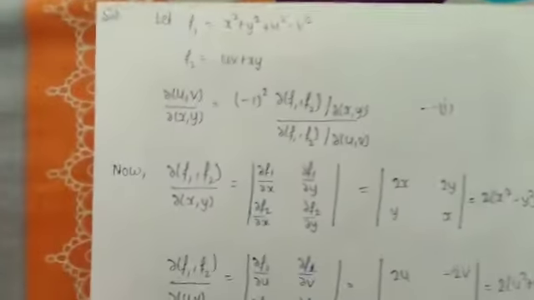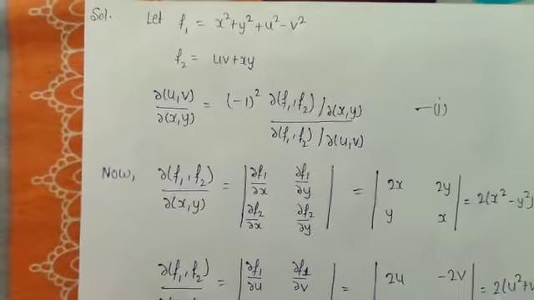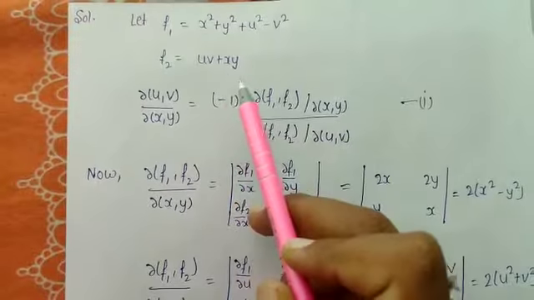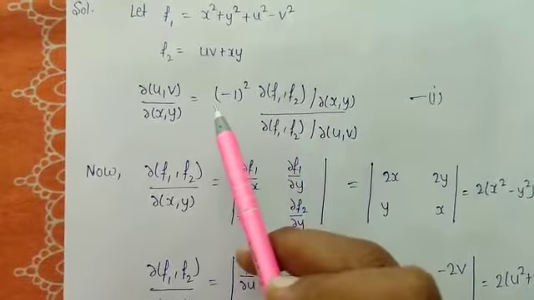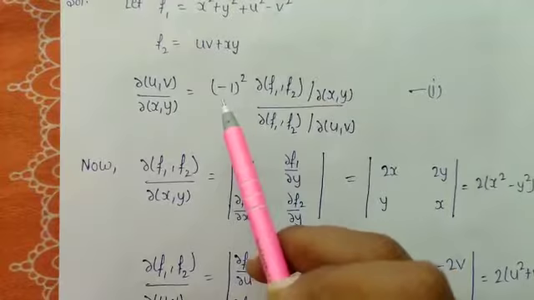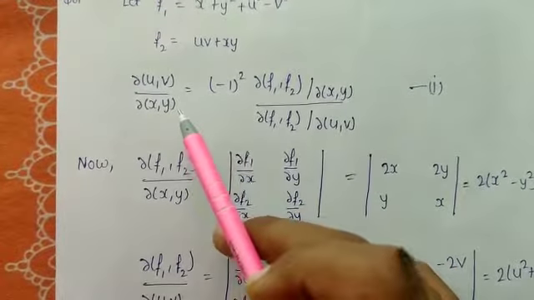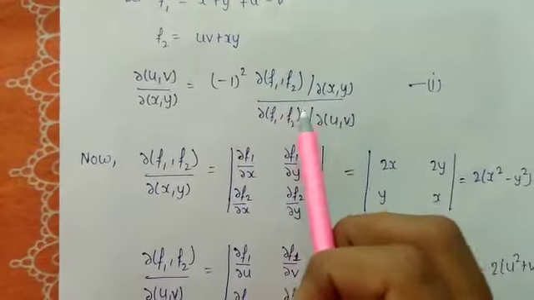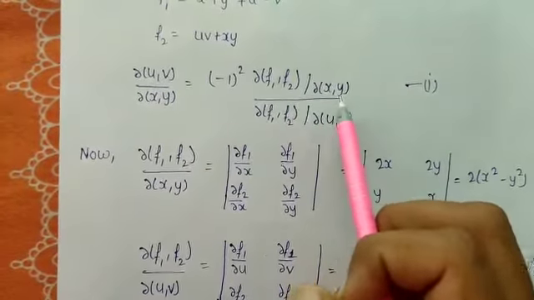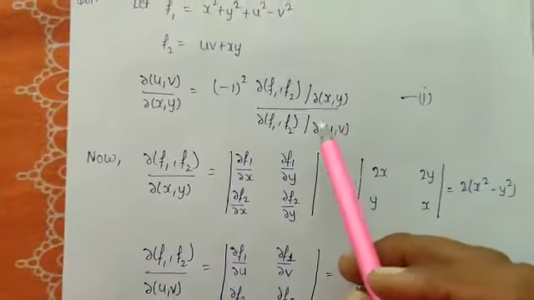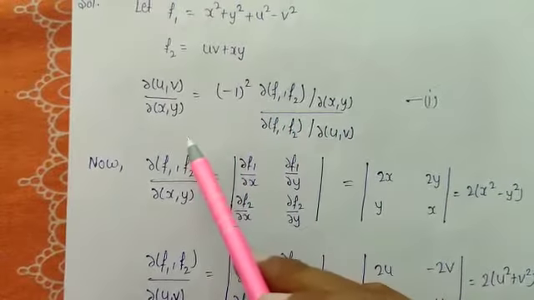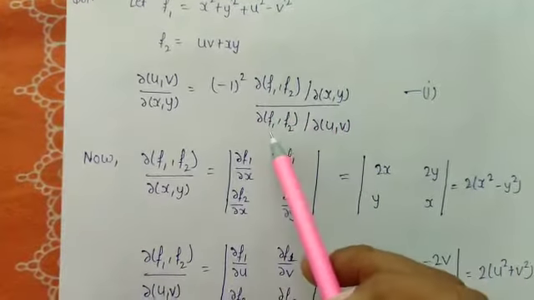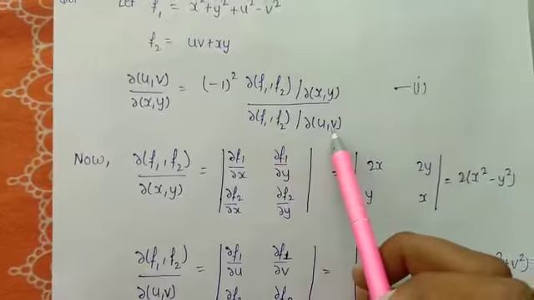So we let f1 is equal to x square plus y square plus u square minus v square, and f2 is equal to uv plus xy. Now we know the formula of Jacobian of u, v with respect to x, y when we have given implicit functions. This is the formula for the Jacobian of implicit function. To find Jacobian of u, v with respect to x, y, we have to find Jacobian of f1, f2 with respect to x, y and Jacobian of f1, f2 with respect to u, v.